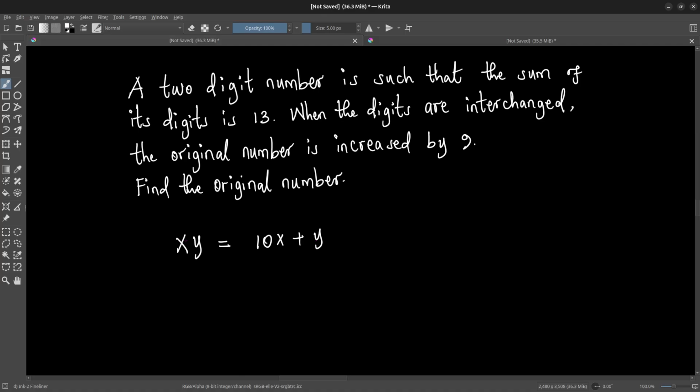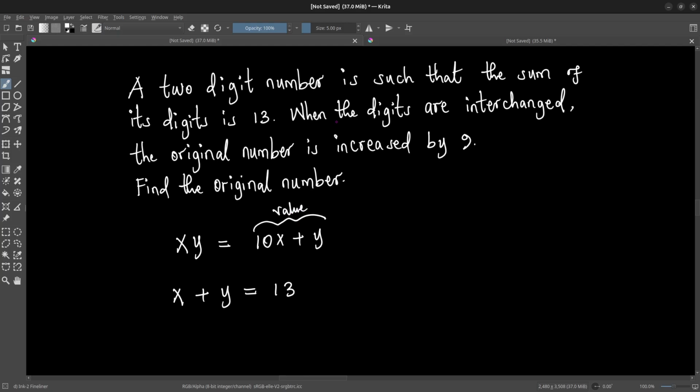Note that x and y in our case are the digits. So one digit is x, the other digit is y. We are being told that the sum of the digits is 13. So that means x plus y should give us 13. Maybe just to note, this is the value.